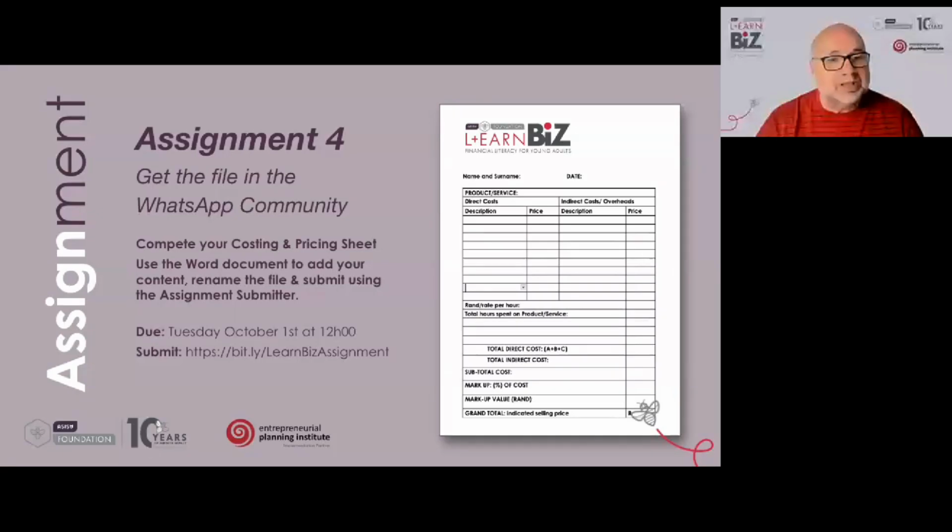There's a Word template there that you can use. You can download the document, fill in all your details, and submit the assignment by Tuesday, October the 1st, which is next Tuesday, at 12 o'clock, and you will earn your BusyBucks too. But more importantly, you would have gained a lot of insight in terms of your business.